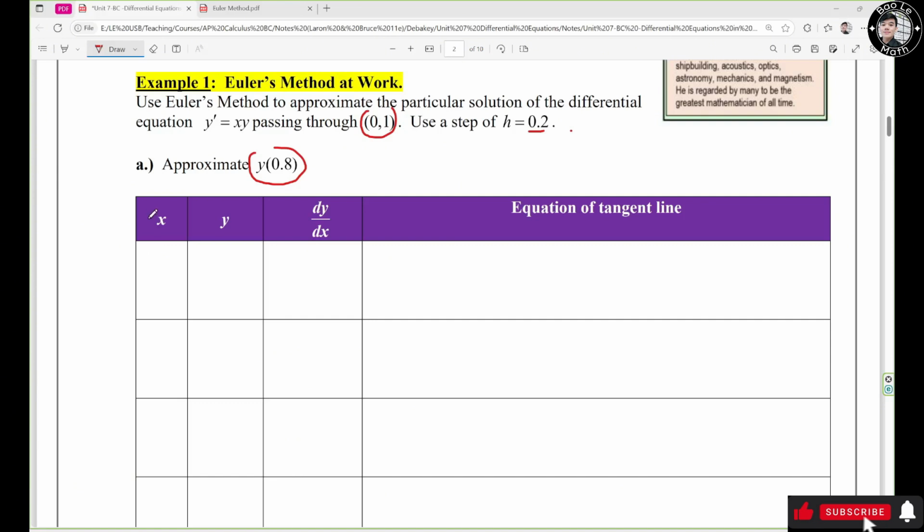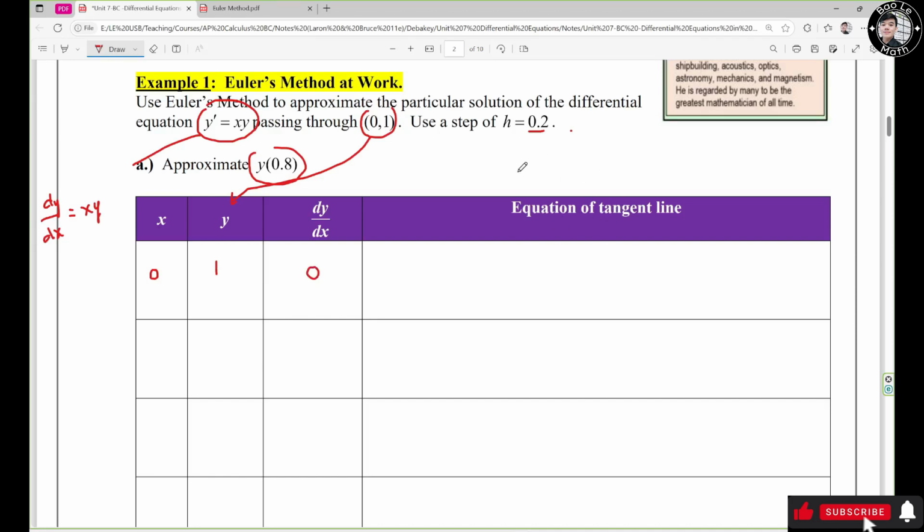Alright, first you need to put the initial point over here: x equals 0, y equals 1. Now this one right here is dy over dx equals x times y. To calculate this column, you take x times y, which is 0. Now you need to write the equation of the tangent line.